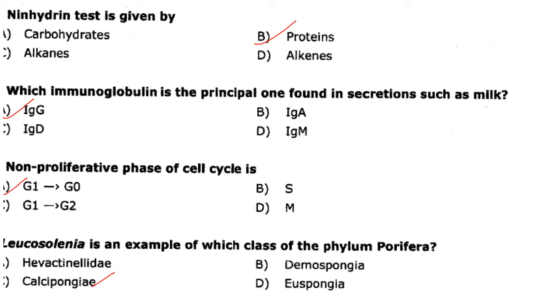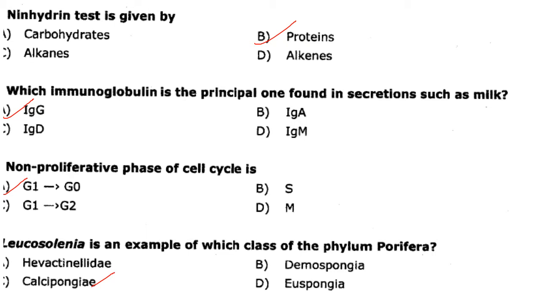Non-proliferative phase of cell cycle is. So the G0 phase or the resting phase is a period in the cell cycle in which the cells exist in a quiescent state. G0 phase is viewed as either an extended G1 phase where the cell is neither dividing nor preparing to divide, or a distinct quiescent stage that occurs outside of the cell cycle.